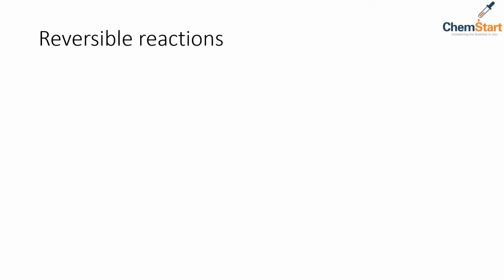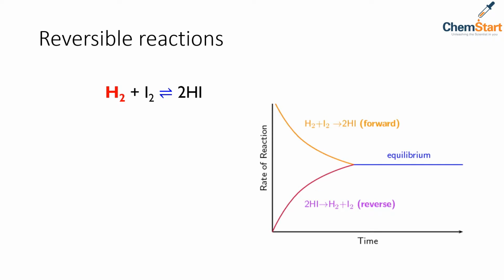A reversible reaction is a chemical reaction where the reactants form products that in turn react together to give the reactants back. Reversible reactions will reach an equilibrium point when the rate of the formation of the products and the formation of the reactants is the same.